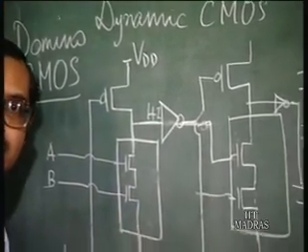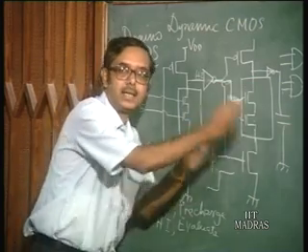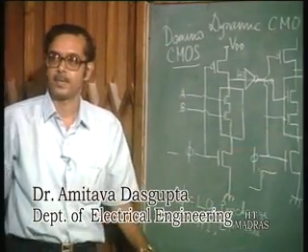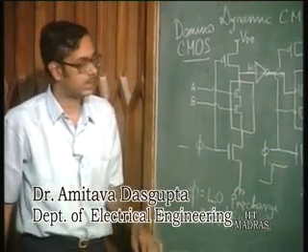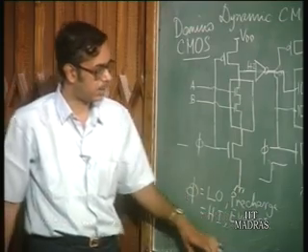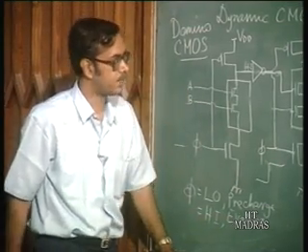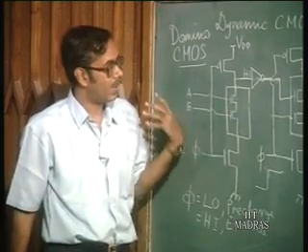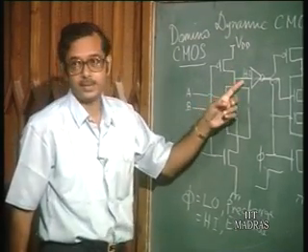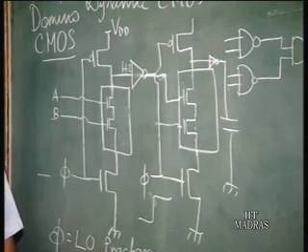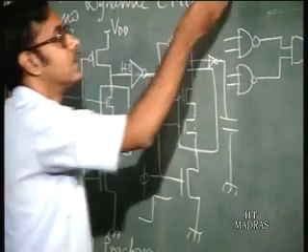The first stage changes, then depending on that the next stage will change, and so on and so forth. So this is the circuit of a domino CMOS.